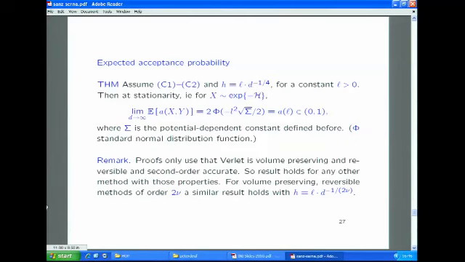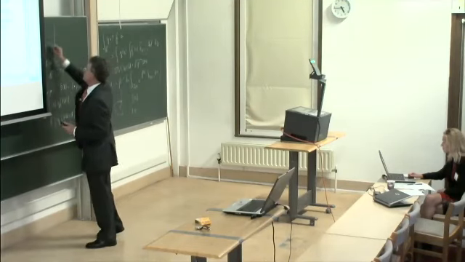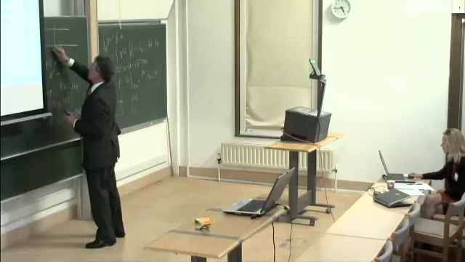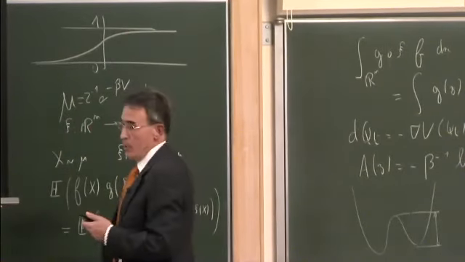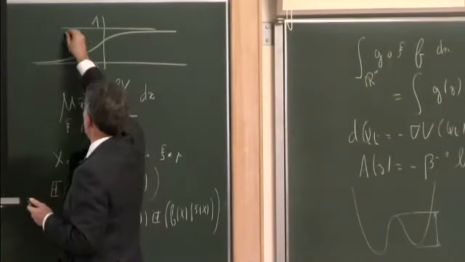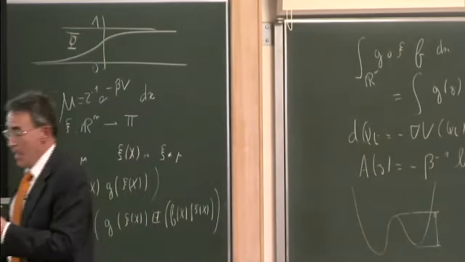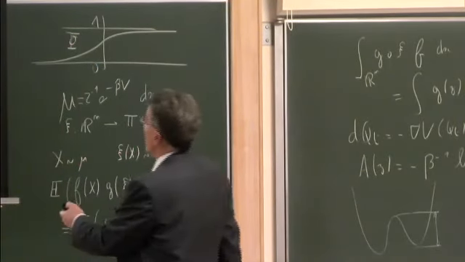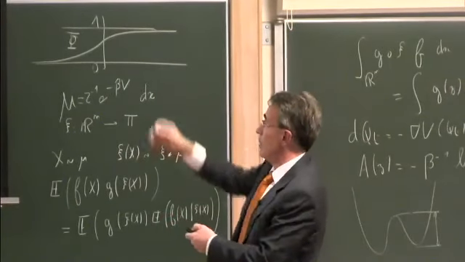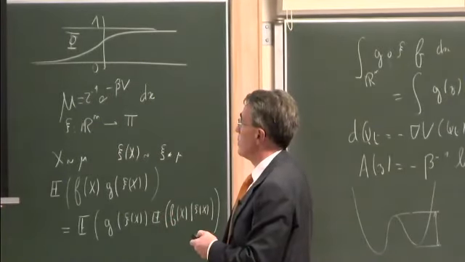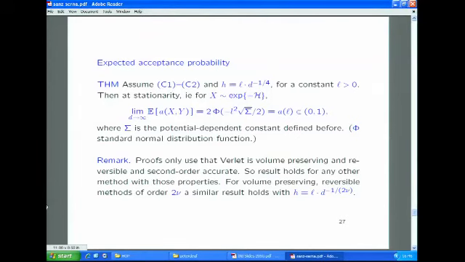So that phi there is just for a standard variable, the cumulative distribution function. So this is this phi, and the sigma is a parameter that appeared in the conditions that I had before. So this depends on the target distribution. This is the scaling coefficient between h and d to the minus a fourth.